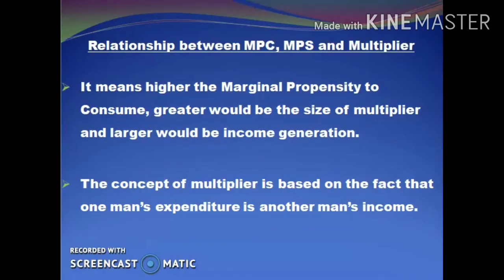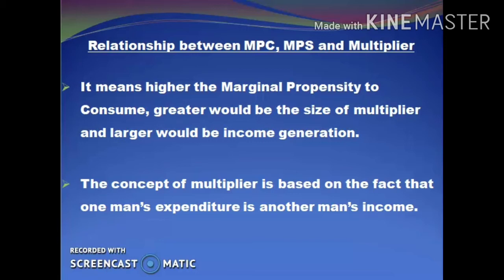Relationship between MPC, MPS and multiplier. The higher the marginal propensity to consume, the greater would be the size of the multiplier and the larger would be the income generation. You know how much a consumer is ready to spend of his income. It will add to the national income or generate a multiplier.